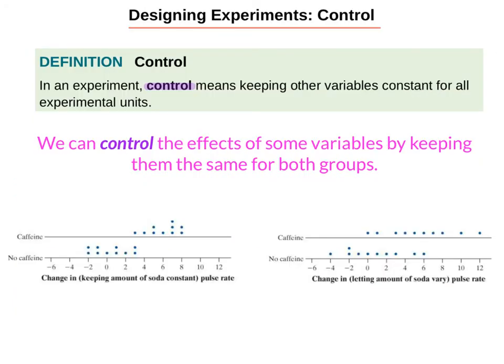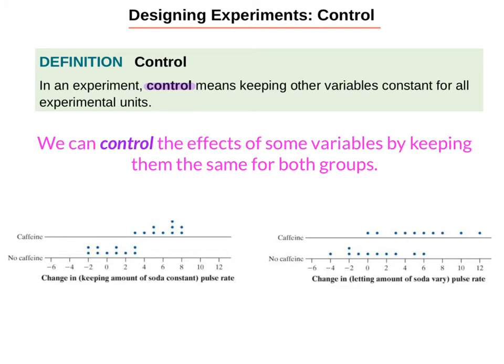Along with randomly assigning different subjects to different groups, experimental and control groups, we have this idea of control. And that might mean a lot of different things to you. But in statistics, in an experiment, control means keeping other variables constant for all experimental units. So we can control the effects of some variables by keeping them the same for both groups.